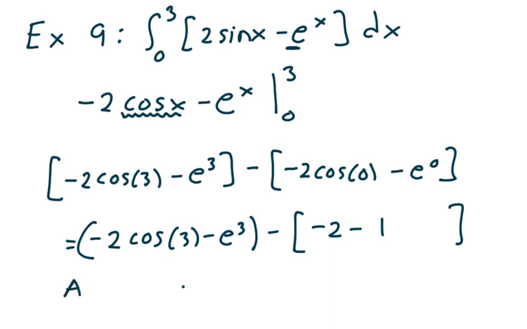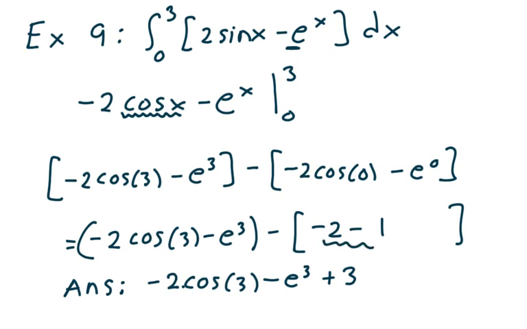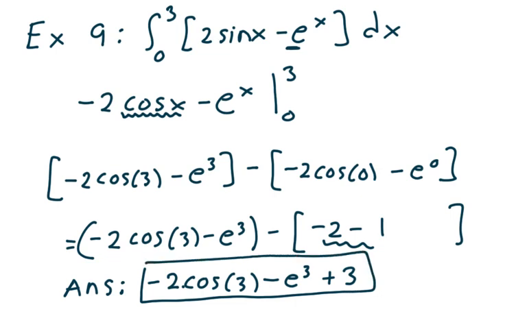And so the answer here is negative 2 cosine 3 minus e to the third plus 3. Because this is negative 3, and when you subtract a negative 3, that means to add.